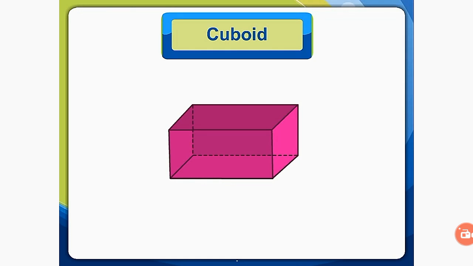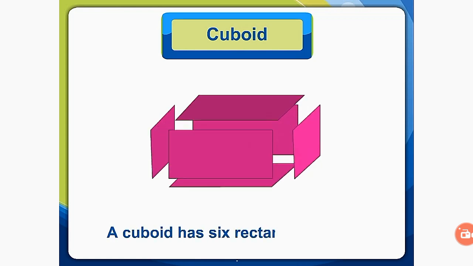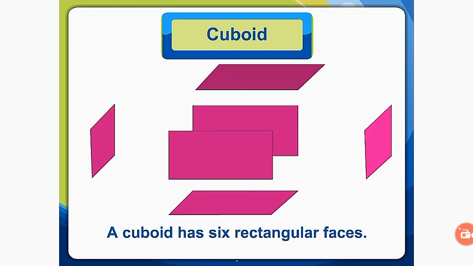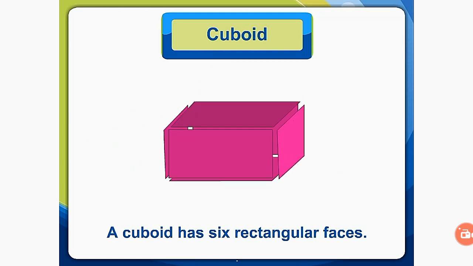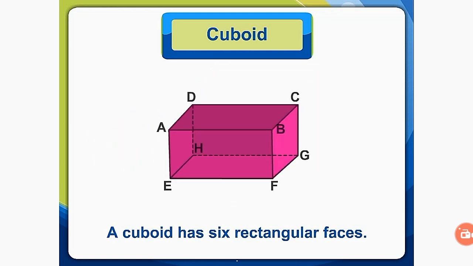As discussed earlier in the solid shapes video, a cuboid has 6 rectangular faces in which 3 pairs of opposite faces are identical. Let us name the cuboid as A, B, C, D, E, F, G, H. ABCD is the top face. EFGH is the bottom face.